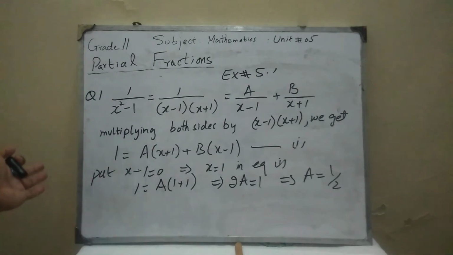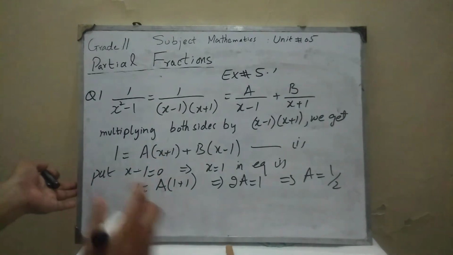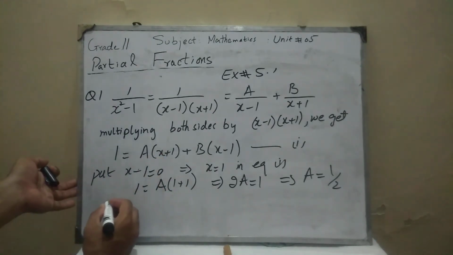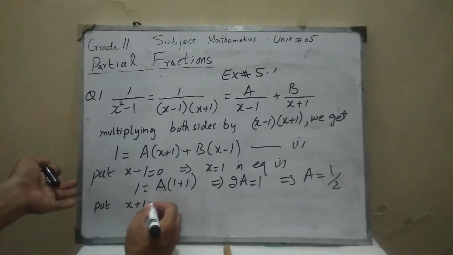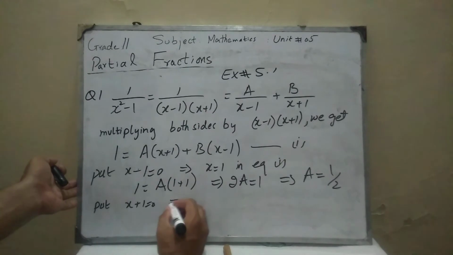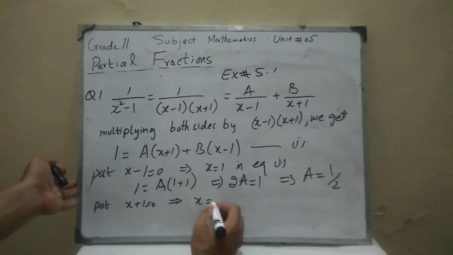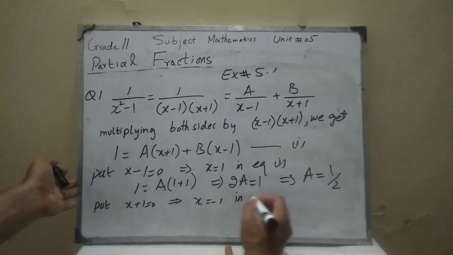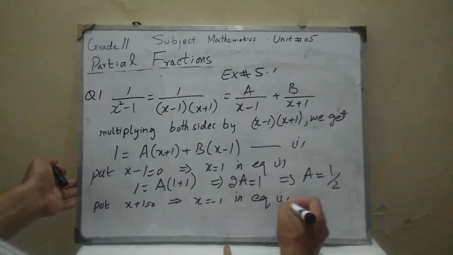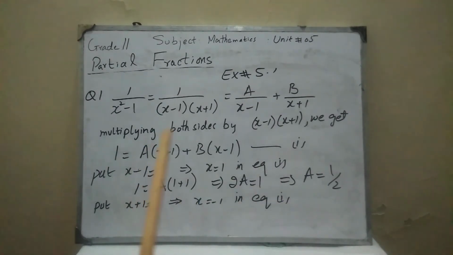Now next I will take this factor, put x plus 1 equals to 0, which implies that x equal to minus 1 in equation number 1. From here we see that if we put x equal to minus 1, again this term vanishes.